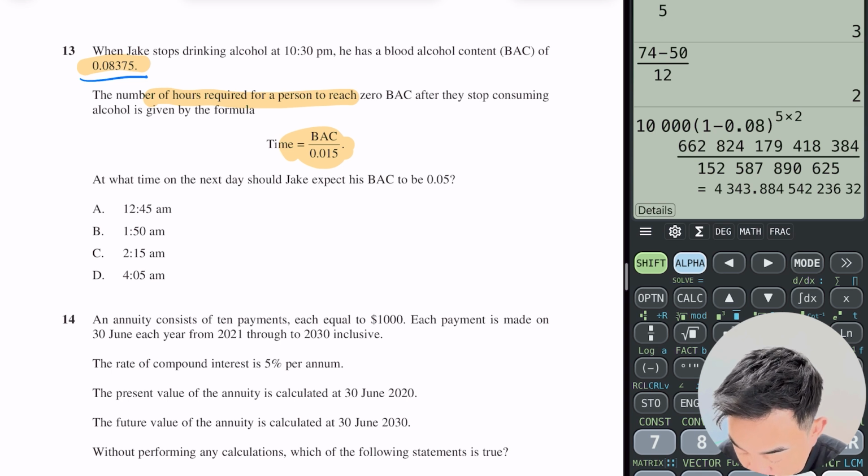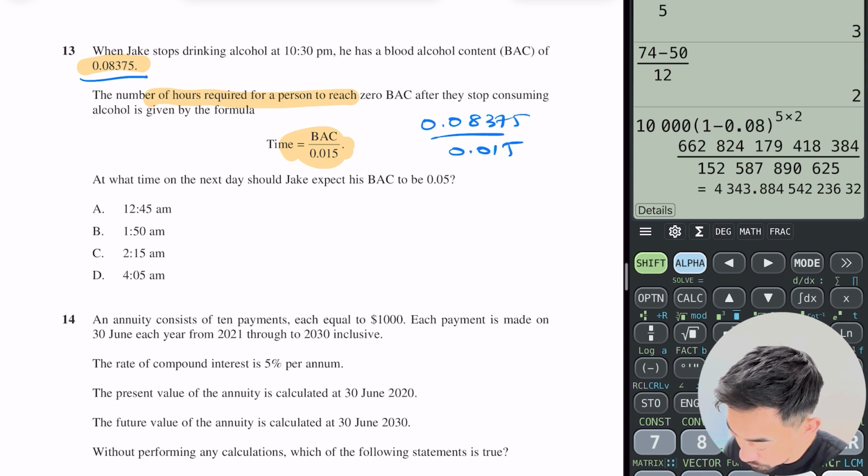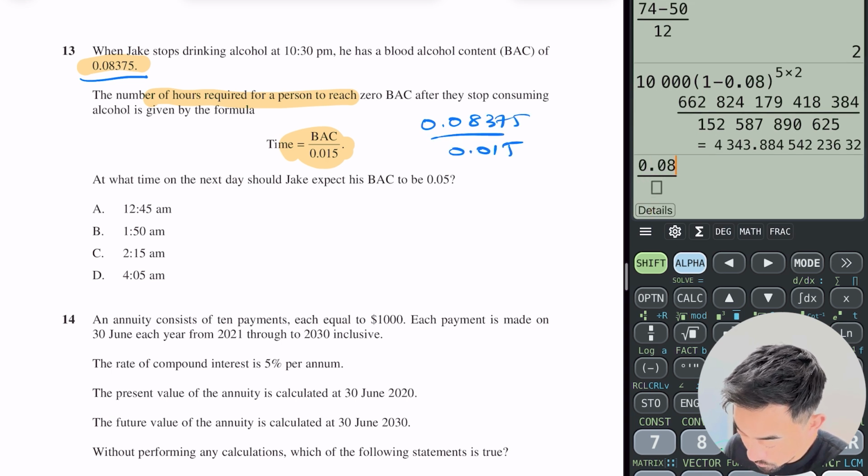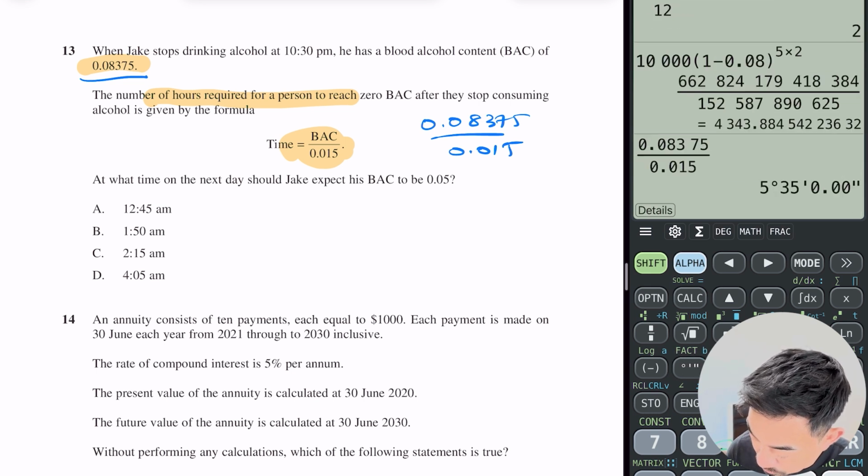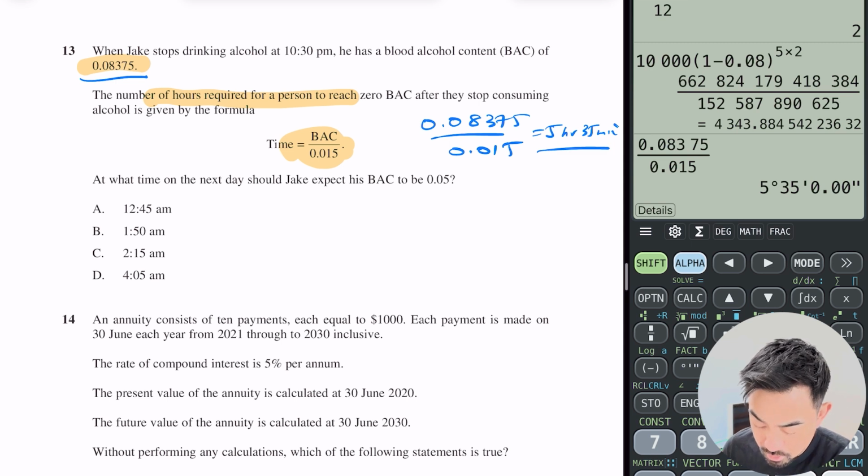So how long would it take for him to get to 0? It would be 0.08375 over 0.015. So it would take 5 hours, 35 minutes to get to 0 at his current point, but he only wants to get to 0.05.